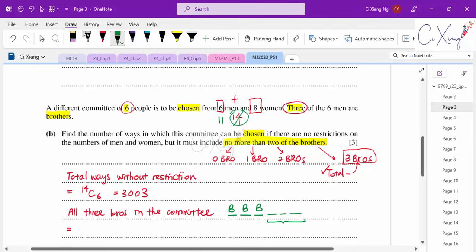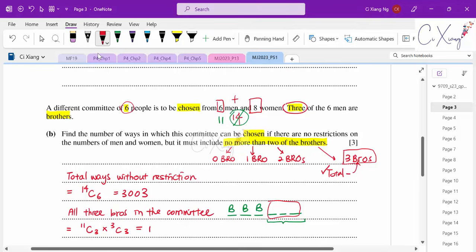Therefore, it will be 11C3. Then all the 3 brothers here are already in the committee, so if you want, you can write out multiply with 3C3. So 11C3 is from the remaining persons to fill in these 3 empty slots in the committee, multiplied with all the 3 brothers being in the committee.